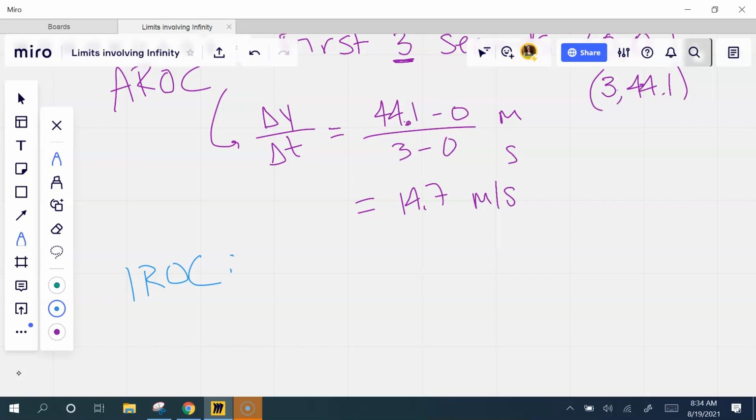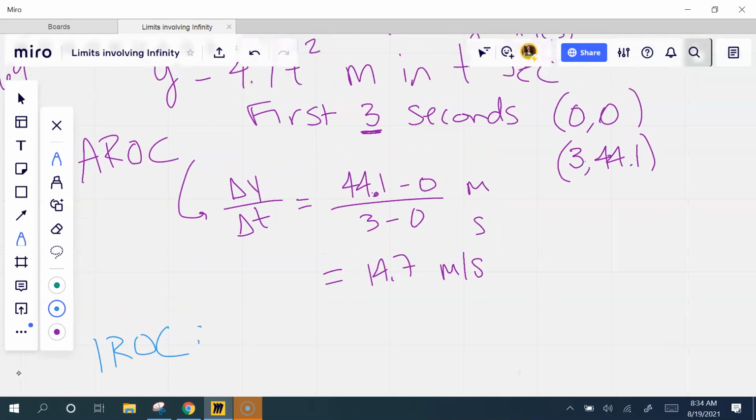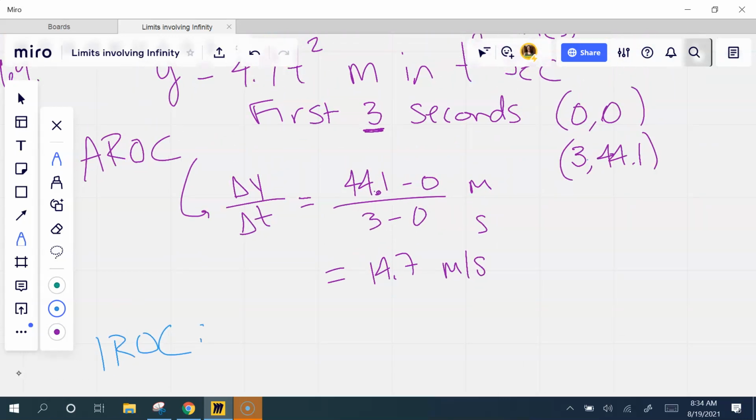IROC is whenever H is 0. I could use that same formula and ask, what's the difference? What would the H be between these 2 points? In other words, how far do I move over from the first X to the second X? 3, right?